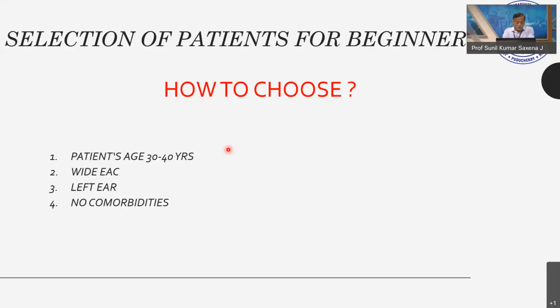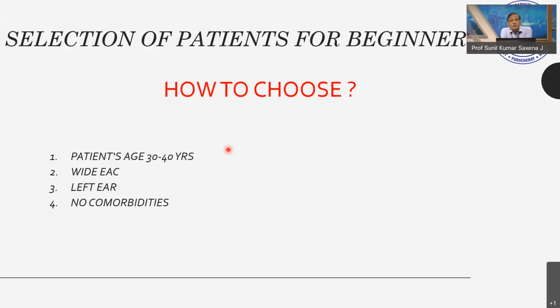And it is easier to do under local anesthesia, because under general anesthesia, though the patient will not move, bleeding is much more. So you will find difficulty in doing endoscopic ear surgery under general anesthesia. So I think it has to be done under local anesthesia when you are beginning, because bleeding is a little less.